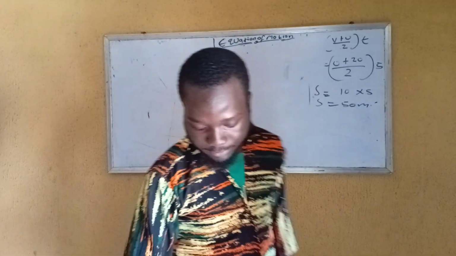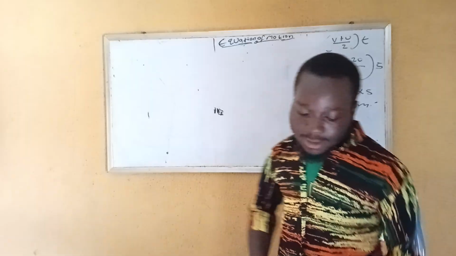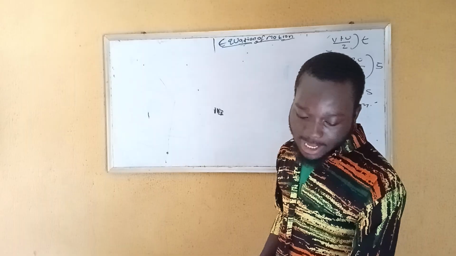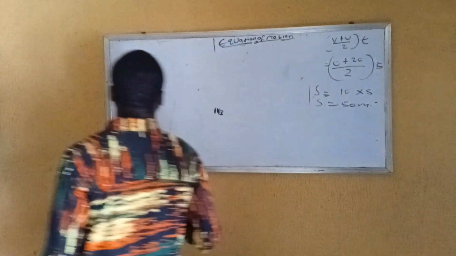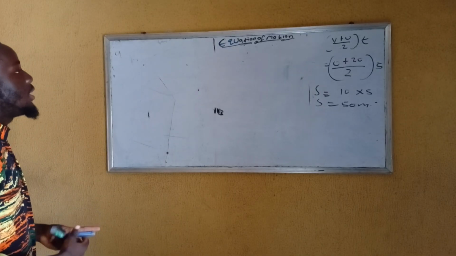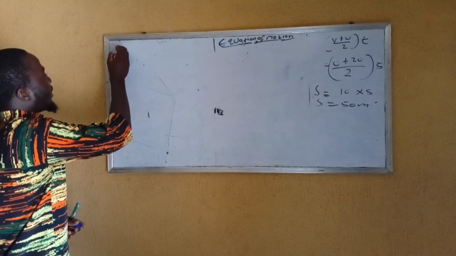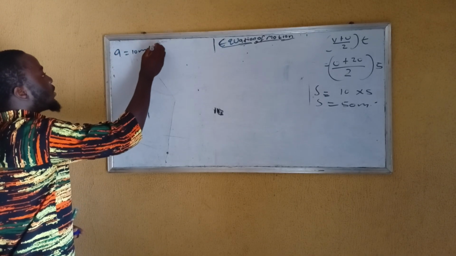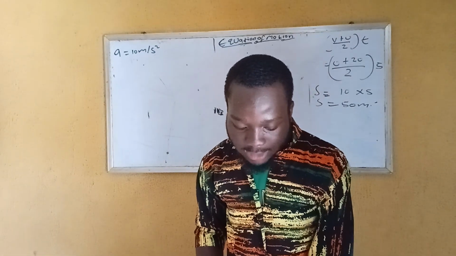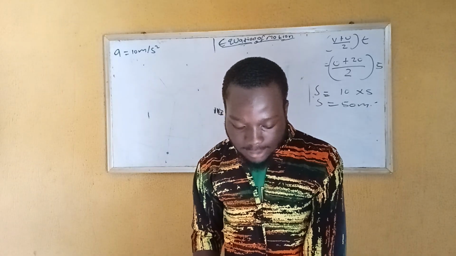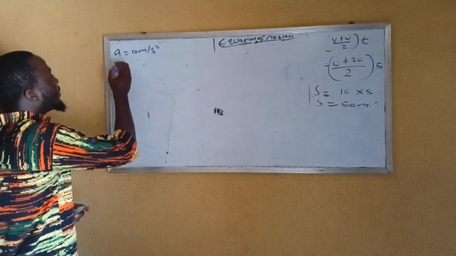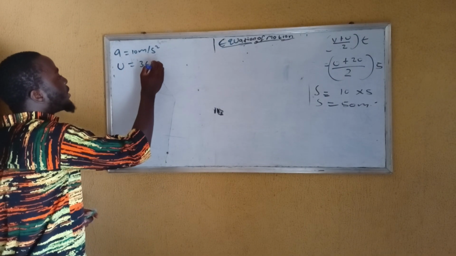How are you going to solve this? The car accelerates uniformly, so your acceleration A is given to be 10 meter per second square, with an initial velocity of 36 kilometer per hour.